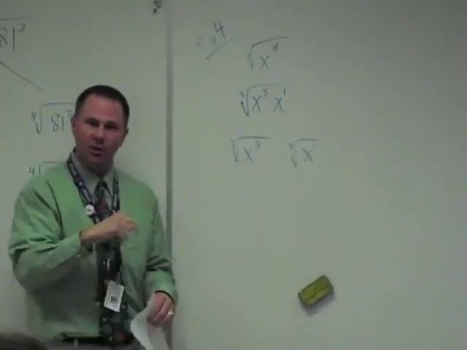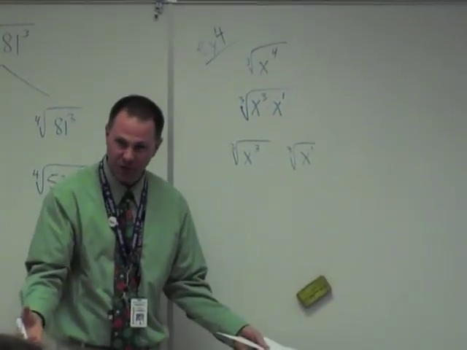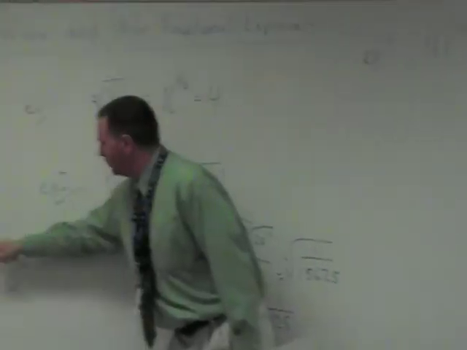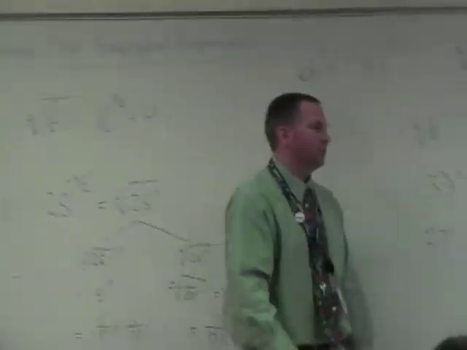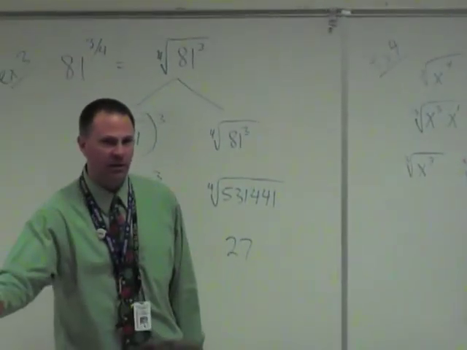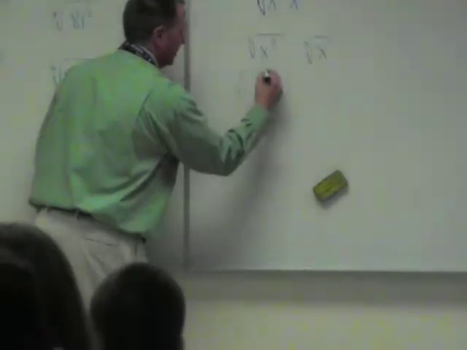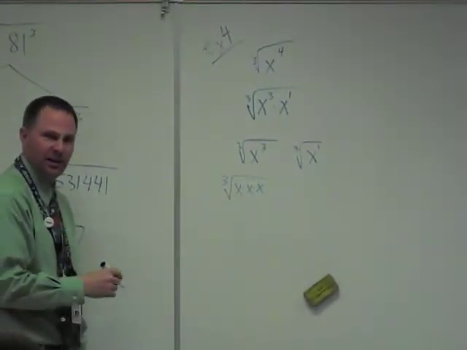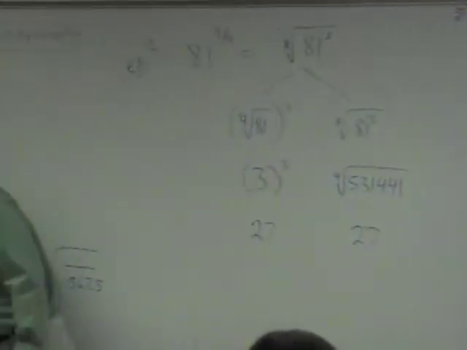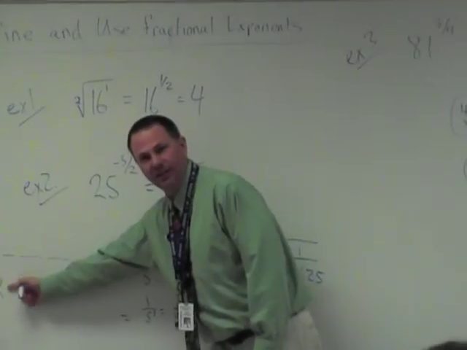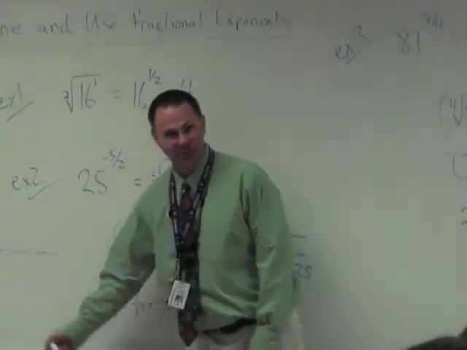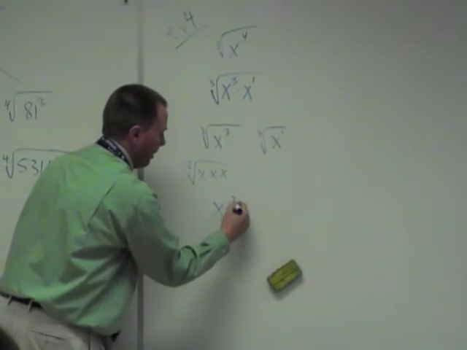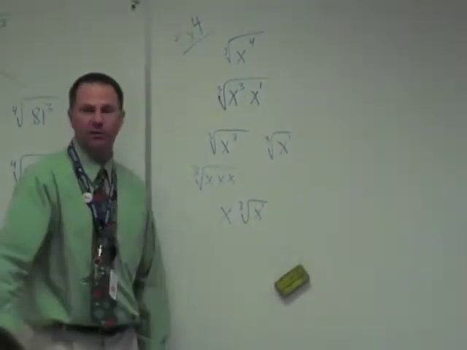Well, the cube root of x cubed is what? What did I say over here? The cube root of 8 was 2 times 2 times 2. Isn't that 2 cubed? So isn't x cubed the same as x times x times x? Well, that's the point. The cube root of x cubed is just going to be x. And you're left with x times the cube root of x to the first.